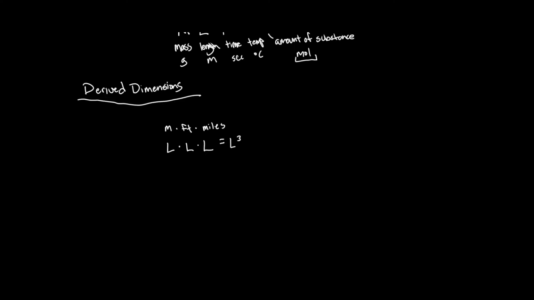Now, when we talk about a length cubed, one of the more familiar geometric equations that you should know is the equation for volume of some sort of box. It's length by width by height, L times W times H. Fundamentally, this is the same as a length times a length times a length, and this gives us the volume of the box.